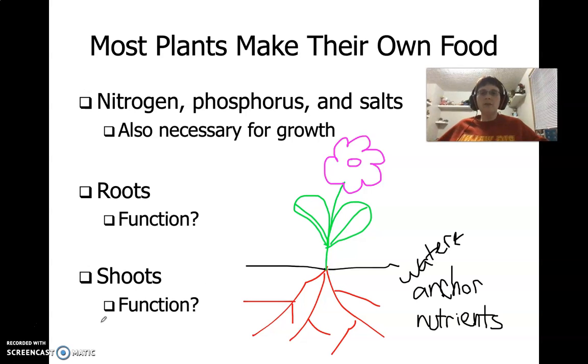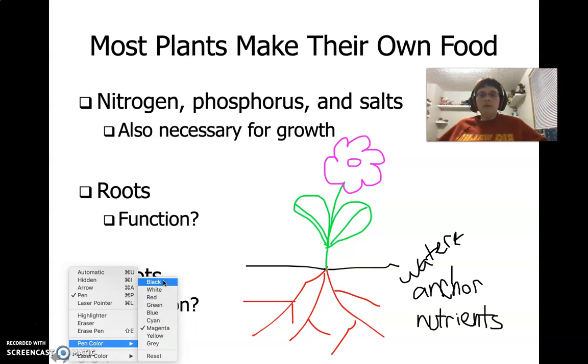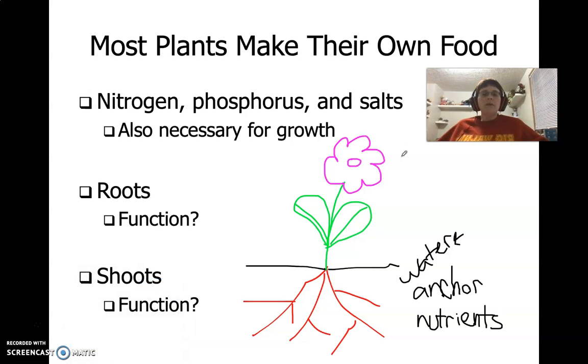And so what are some of the functions of the shoots? Well, there's a lot of different functions. If it's got flowers, one of the big ones is going to be reproduction. I'm going to just stop there. So reproduction, because that's what these are for, producing seeds. Another big one is photosynthesis. I'm just going to shorthand PS for photosynthesis.